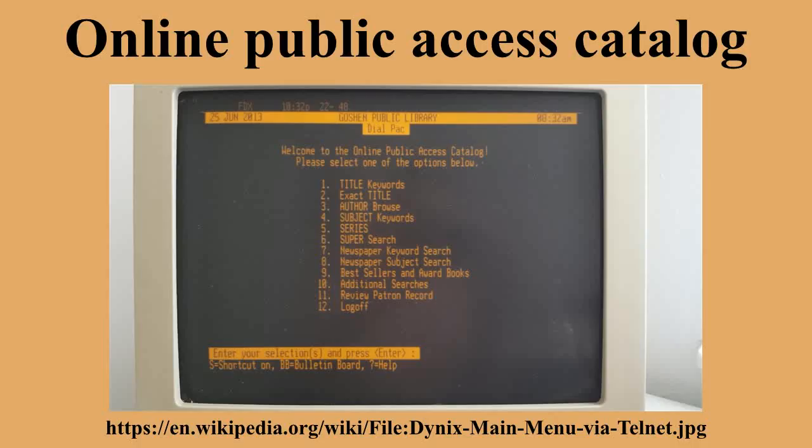Next-generation catalogs. The newest generation of library catalog systems are distinguished from earlier OPACs by the use of more sophisticated search technologies, including relevancy ranking and faceted search, as well as features aimed at greater user interaction and participation with the system, including tagging and reviews.